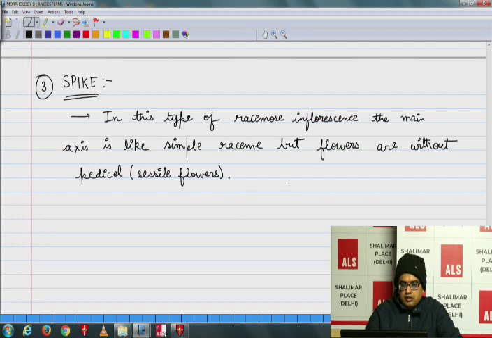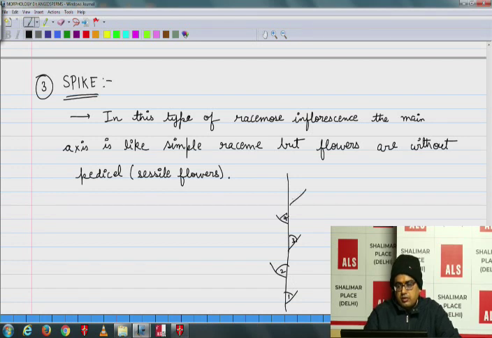Okay. And what is happening here? Flower number 1, flower number 2, flower number 3, number 4, number 5.